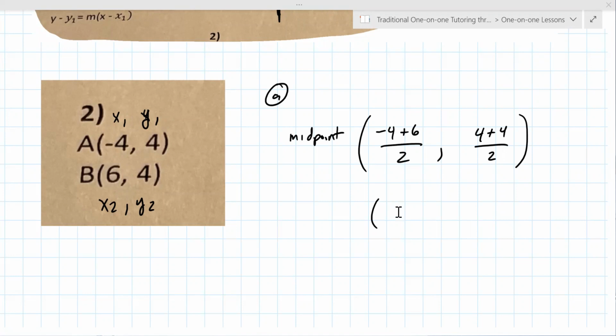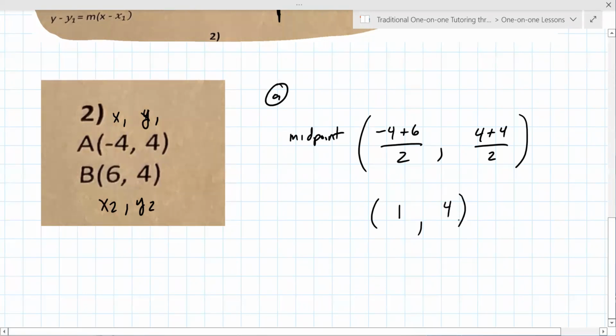Okay, so that's 1, comma. How about this one on the right here? 4 plus 4 is 8, divided by 2 is 4. Yep. So perfect. So that's the midpoint.